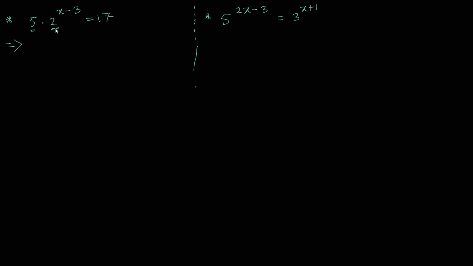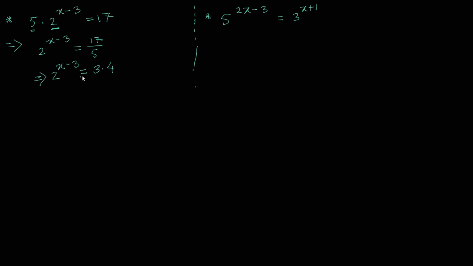I want to make sure that on the left hand side I have only the exponential portion, so it is 2 power x minus 3 equals 17 over 5, which makes our life easier. This is equal to 3.4. So what I get is 2 power x minus 3 equals 3.4.